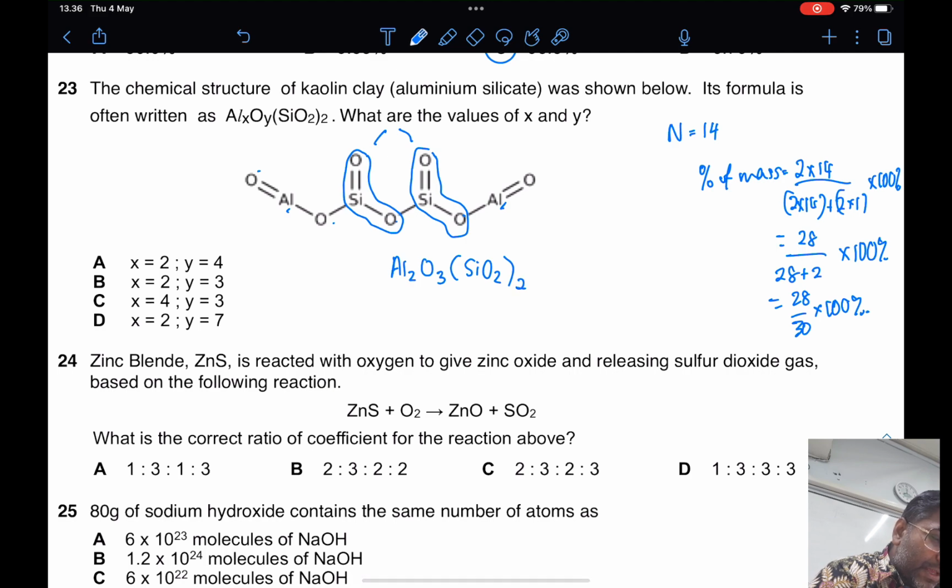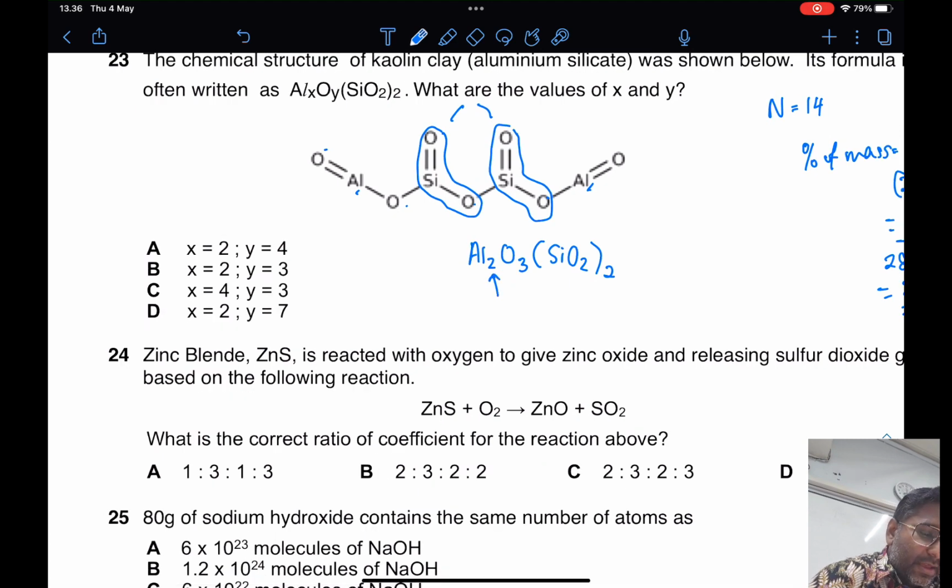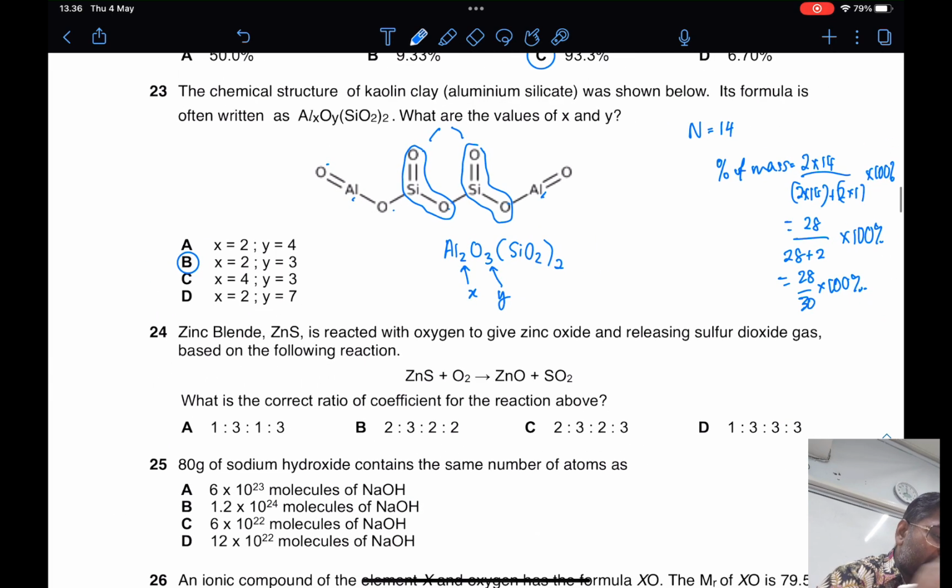How many? 1 time, 2 times, 2 times. So if you take this, aluminium will be 2, oxygen will be 3, and then SiO2 2. So X will be 2, Y will be 3. So that's going to be the answer, B.